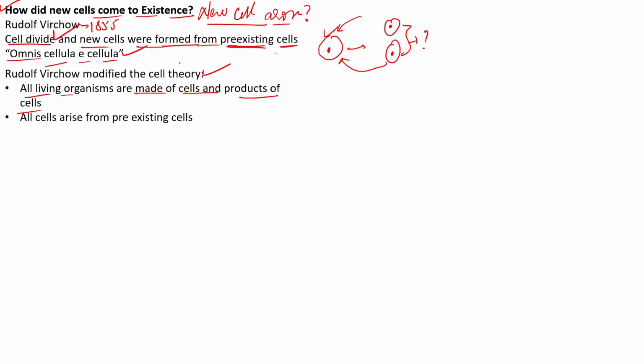If we are using the term living organism, it means that they are mainly made up of cells and the products of cells. The second point that we have just studied is that all cells arise from the pre-existing cells. They do not arise spontaneously. Remember this point. Generally in your NEET examinations you will expect two types of questions.